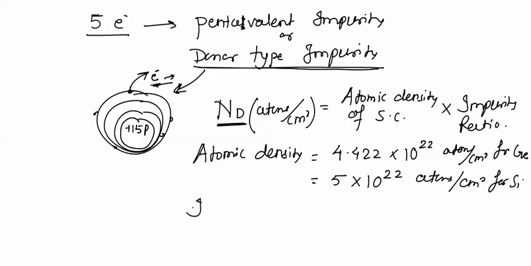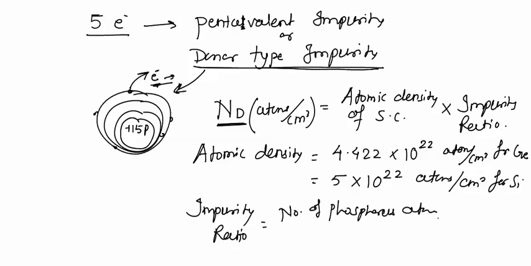And the impurity ratio is equal to the number of phosphorus atoms added per number of silicon atoms.